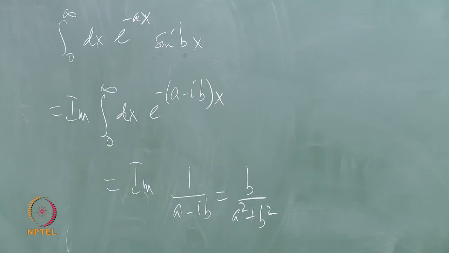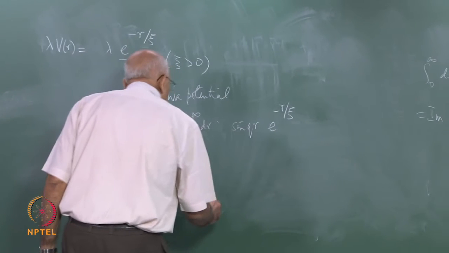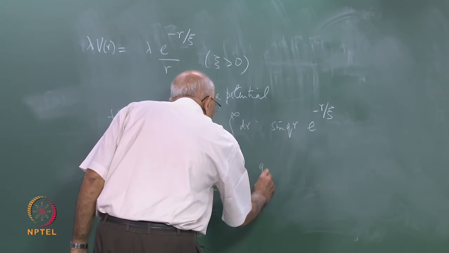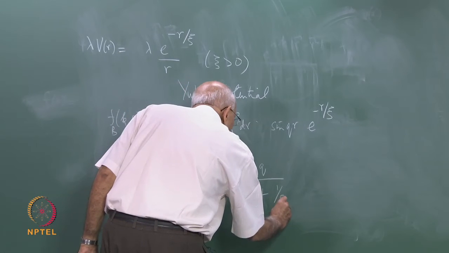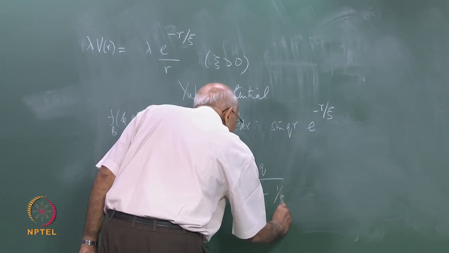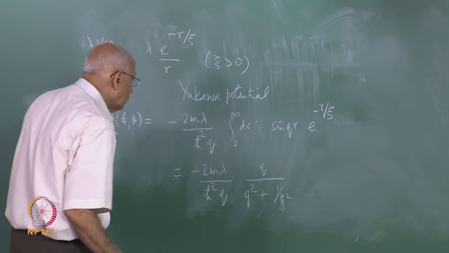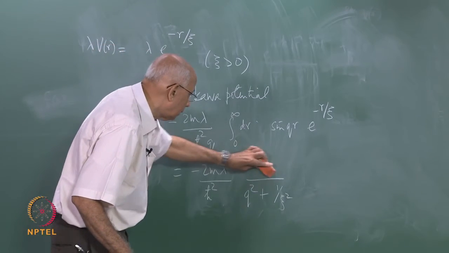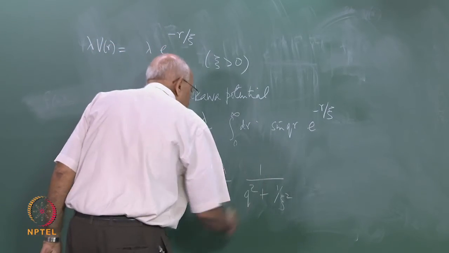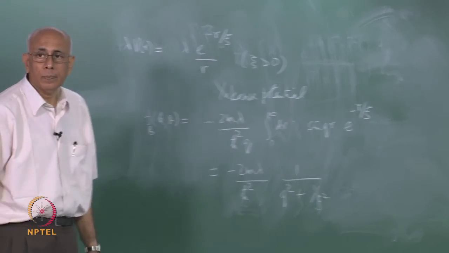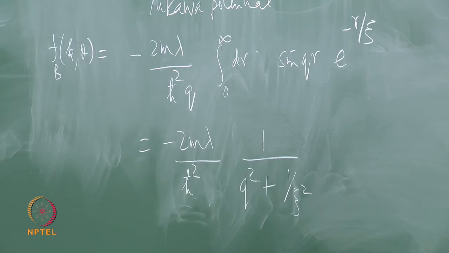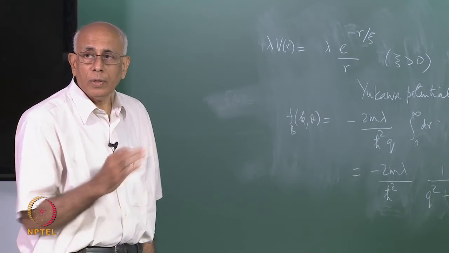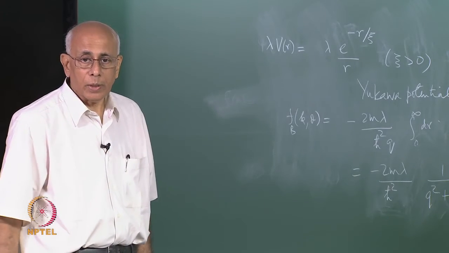So anyway, this thing here is equal to q over q squared plus 1 over xi squared, and the q cancels out. That's it. So that's the explicit representation in the Born approximation for the scattering amplitude from a Yukawa potential.